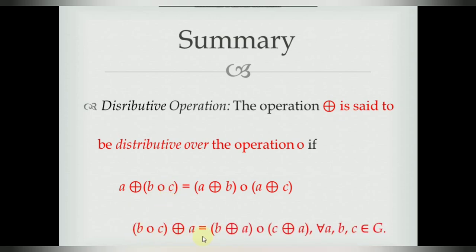Similarly, (B dot C) round plus A is equal to (B round plus A) dot (C round plus A). This must hold for all A, B, C belonging to G. If both these conditions hold, then the operation round plus is said to be distributive over the operation dot.